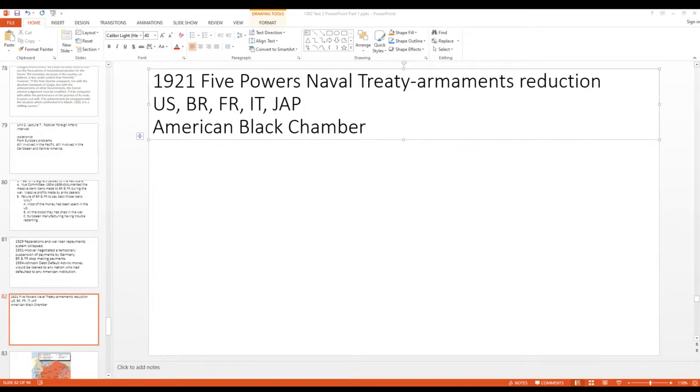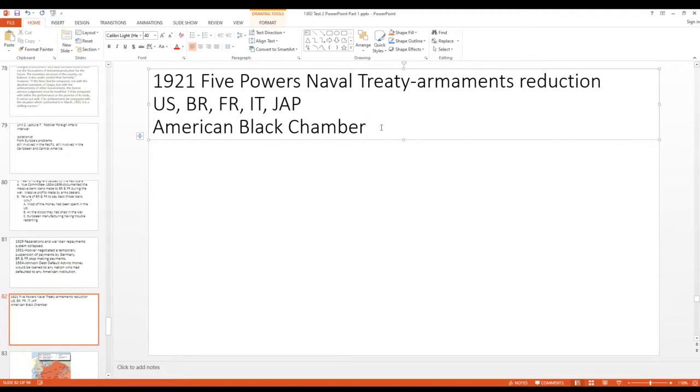The Black Chamber was a group founded after World War I, largely to break other nations' cryptography. It was shut down in 1929, but it did exist for about 10 years, and its greatest success was breaching Japan's communications.